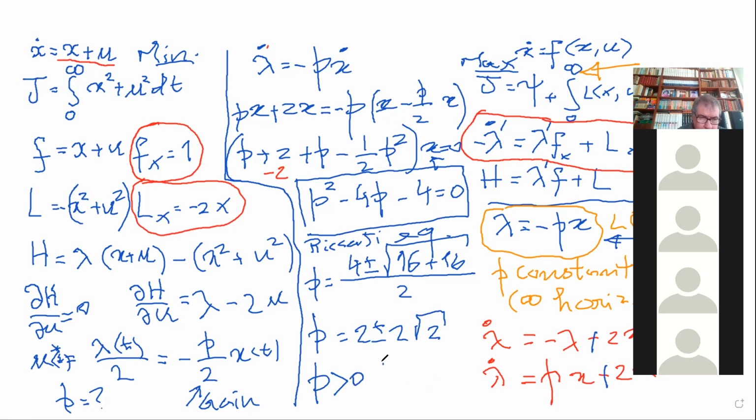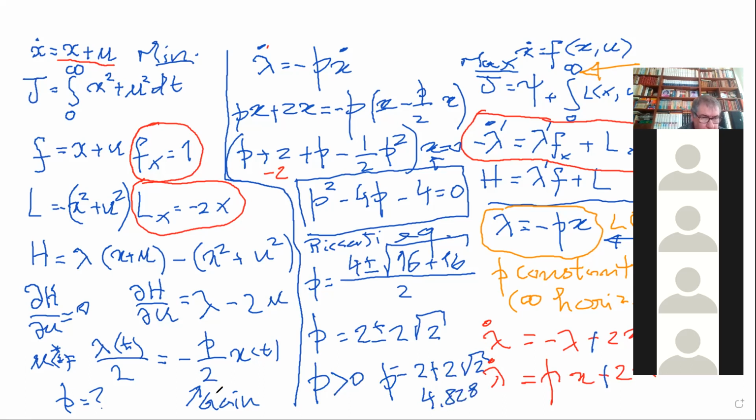So p must be equal to 2 plus 2 square root of 2, which is approximately 4.82828.